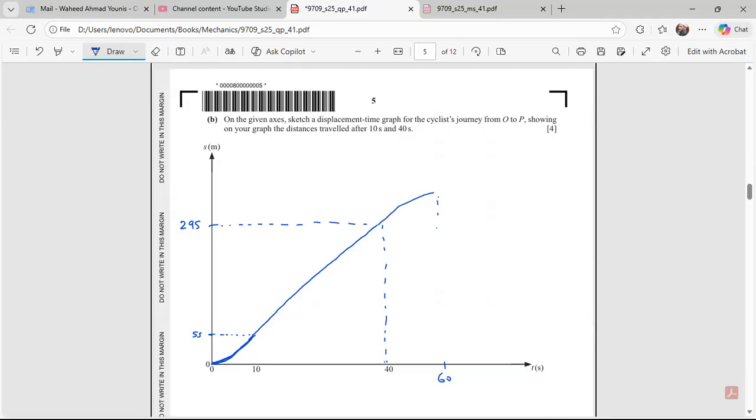So when it reaches the 60-second mark, the distance traveled is only 375, I believe. Yeah, yes, it was 375. Okay. So you can see that from this point to this point is a straight line. Before this, it was a curve, concave up, but here it is again a curve, concave down.